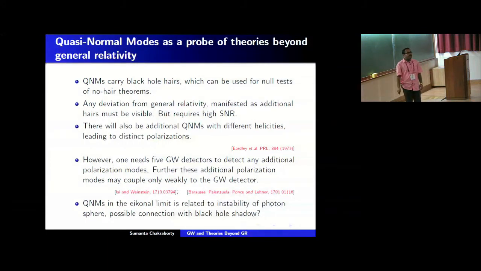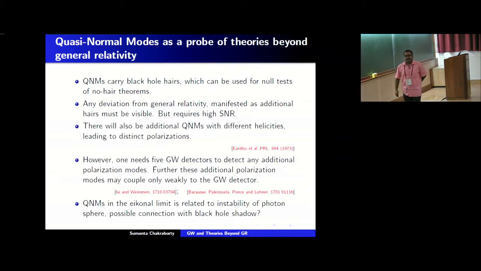The other point that I just want to remark upon is that the quasi-normal modes in the eikonal limit, or the geometric optics approximation, is actually related to the instability of the photon sphere in the black hole. And we know it is the photon sphere which relates to the black hole shadow. So there could be some possible connection between the two, and whether one can use the black hole shadow technique to infer about QNMs, and there could be some relation between future GW observers.